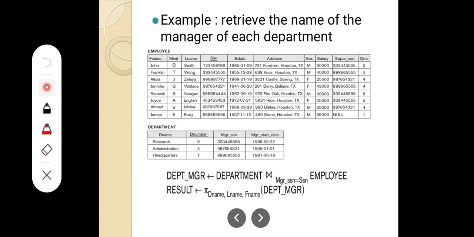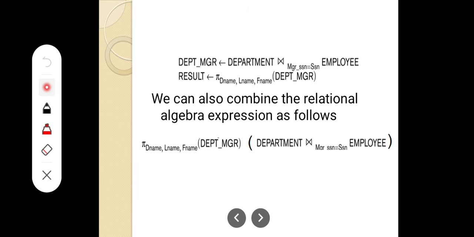Okay, there is a small mistake here. I have told that these two intermediate results can be combined into a single one. First we apply the join of the department and the employee table using MGR SSN and SSN.